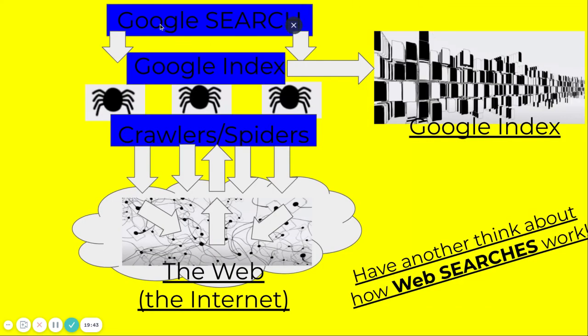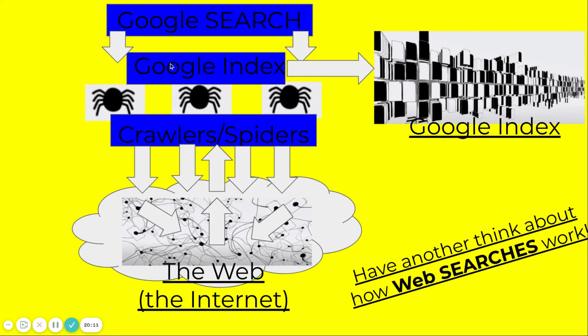So what I'm trying to show here is, when you do a search on Google, like we just did there, when you type in the words and hit enter, you're telling Google, don't forget, Google is just a web page, just a page on your browser. You're asking to search the web, the internet. So you say search for where volcanoes are located, but it doesn't actually go off onto the internet and do a search of every single website.